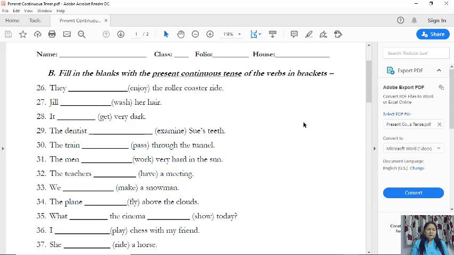The train is passing through the tunnel. The men are working very hard in the sun. The teachers are having a meeting. We are making a snowman. The plane is flying above the clouds. What is the cinema showing today? Question.